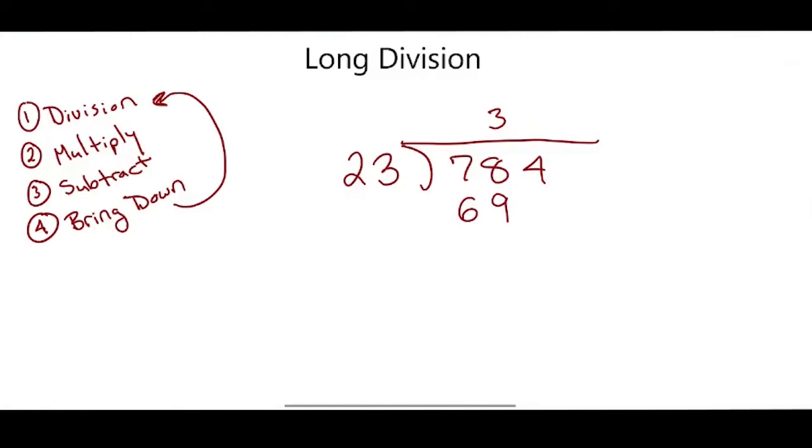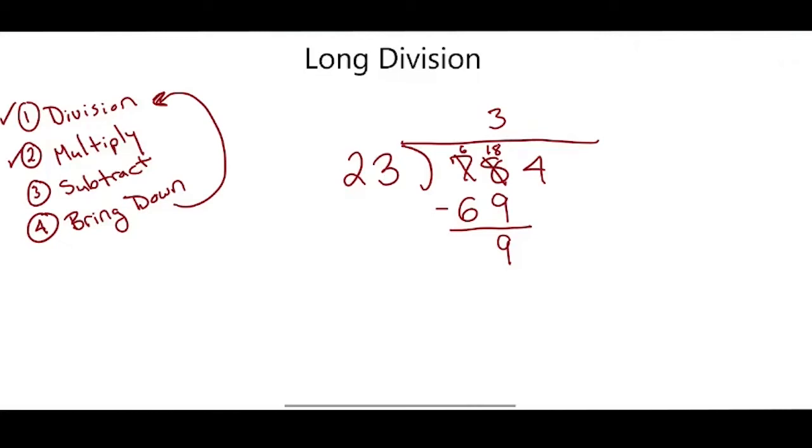All right. So now I did division, multiplication. Now I subtract. So I will subtract 78 minus 69. So I will borrow from the 7, making it a 6. And this becomes 18. 18 minus 9 is 9. 6 minus 6 is 0.